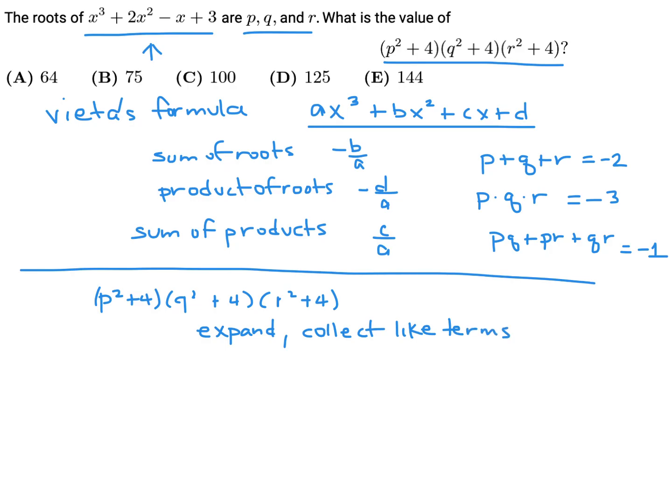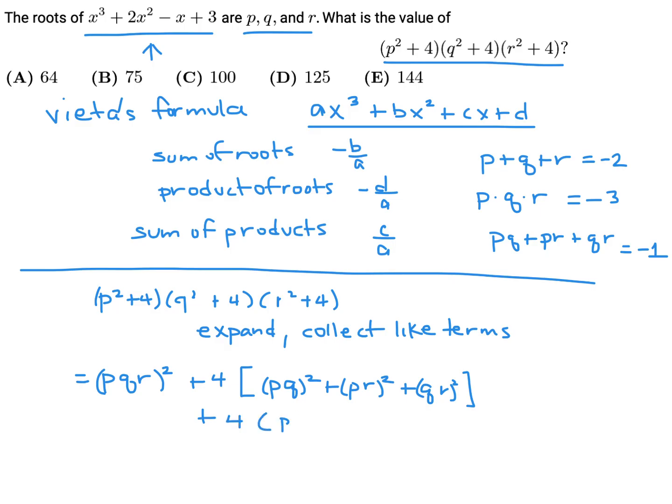You will get (pqr) all squared plus 4 times (pq squared plus pr squared plus qr squared) plus 4 times (p squared plus q squared plus r squared), and then finally you'll get a 4 to the power 3.